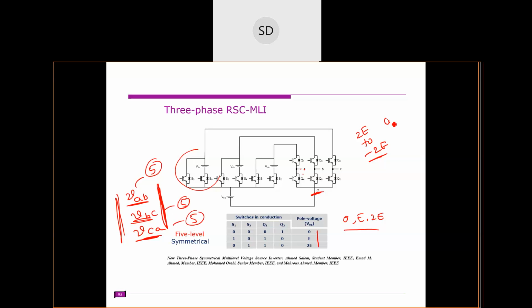These are for line voltages. It will generate 5 levels in the line voltage, not in the phase voltage. It will generate only 3 levels in the phase voltage or pole voltage, but it is generating 5 levels in the line voltage.